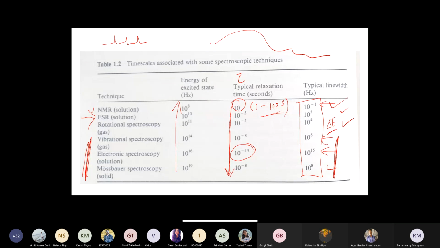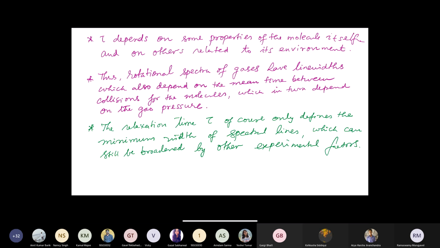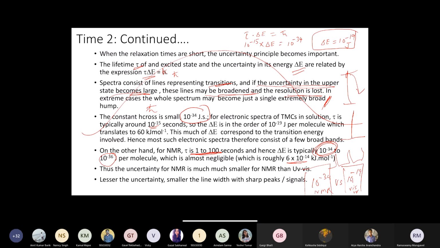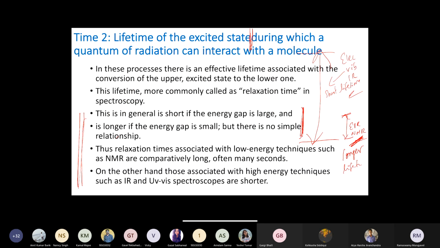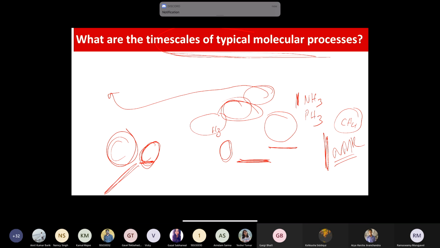I think this is a very good point to start this lecture. I think I should stop this lecture here, because then I'll have to talk a bit more on this tau. I have talked about two of the times; two of the times are not lifetimes. Time one is the interaction time.